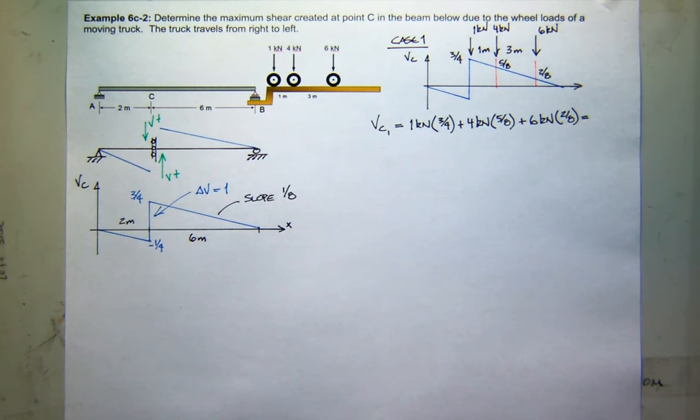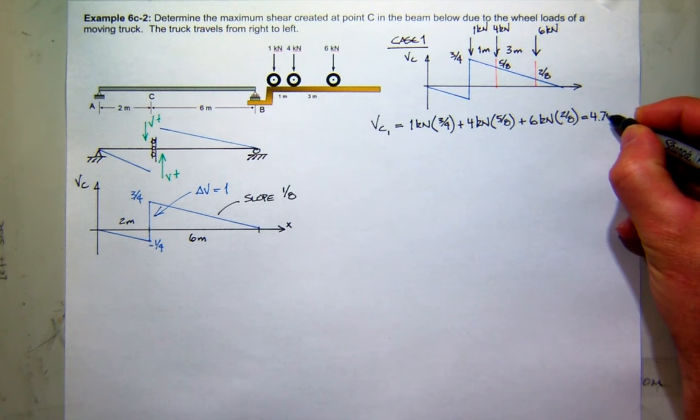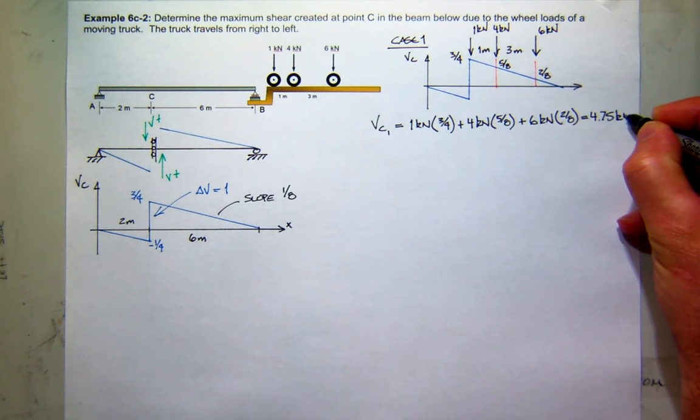What's all that equal to? I can't do that very quickly. What'd you get? 4.75. Anybody else get 4.75? Yes, 4.75, and that'll be kilonewtons.